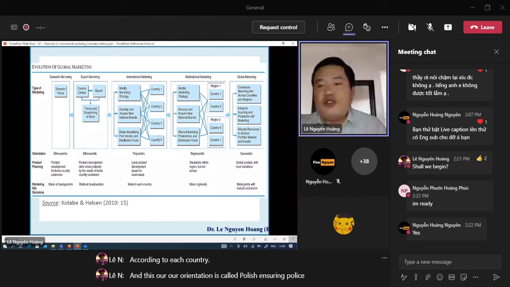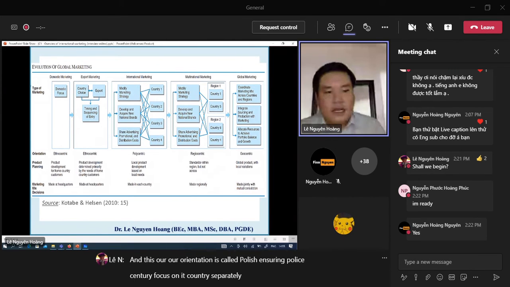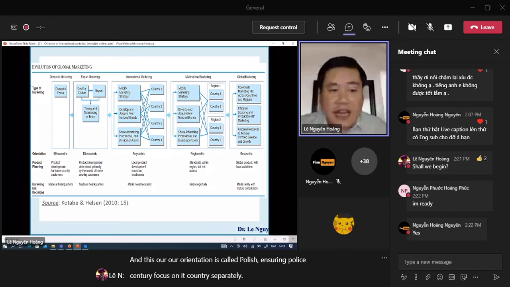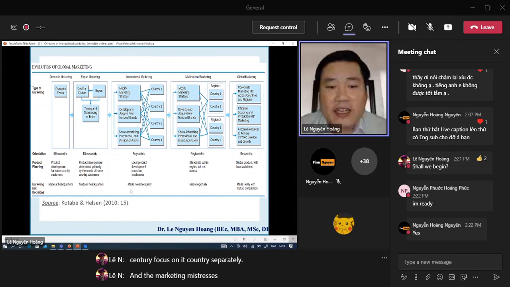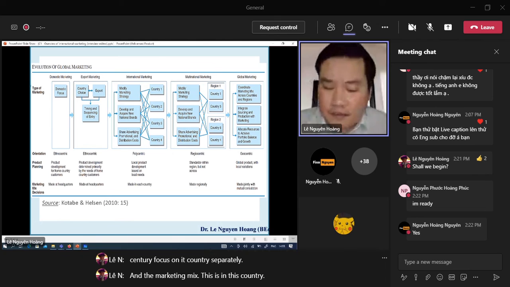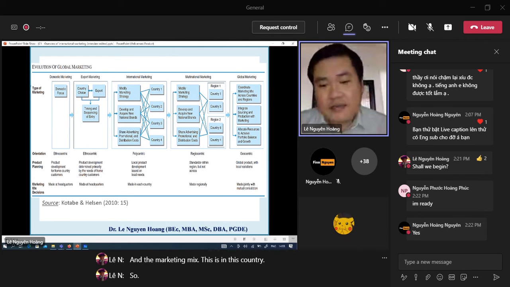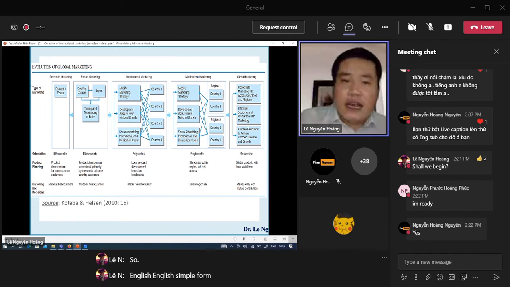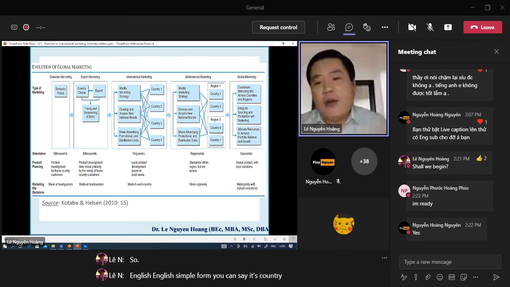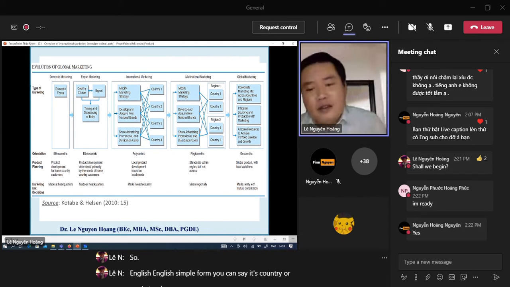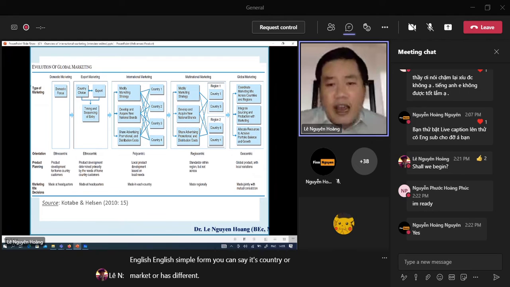Focus on each country separately, and the marketing mix decision is made in each country. So in a simple form, you can say a marketer has a different set of strategies for each country.